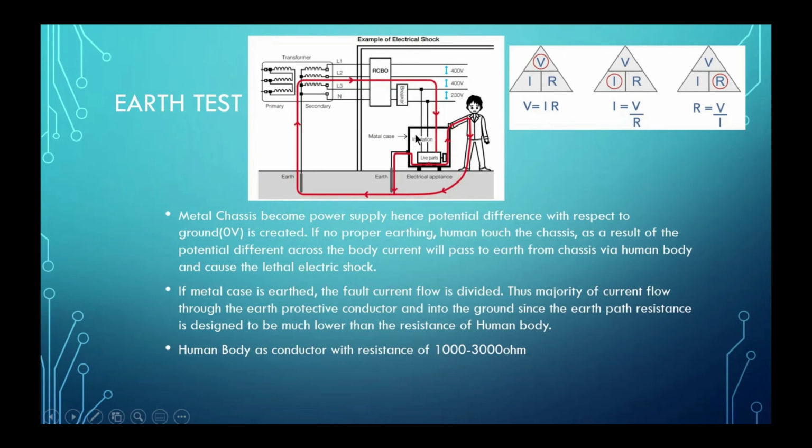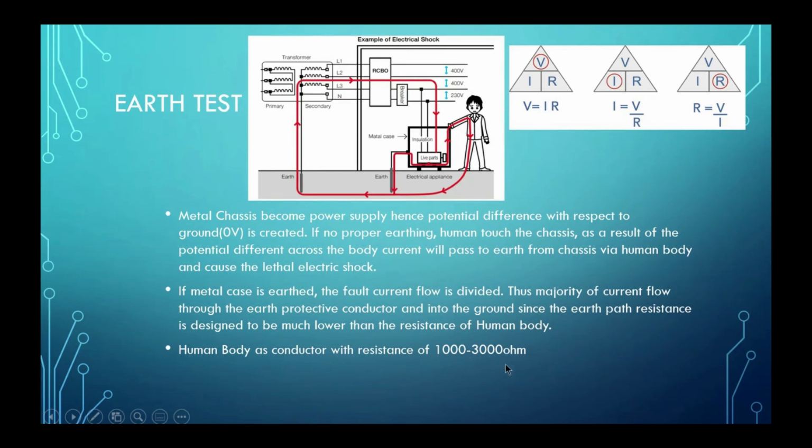So what happens if a human being goes and touches this metal case? He will get an electric shock. Why will he get an electric shock? Because if there is voltage, there is current flow. The current will flow through his body. So this person becomes a wire, a conductor. Humans act as a conductor with a resistance of 1000 ohm to 3000 ohm.